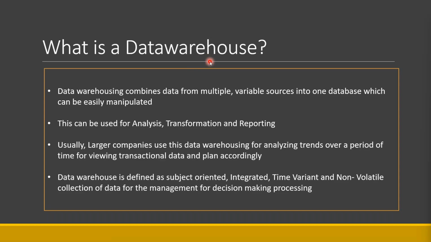So a data warehouse combines data from multiple varied sources into one single database, which can then be used for further analysis or further transformation, or usually the business intelligence team will utilize the data warehouse data for reporting as well.